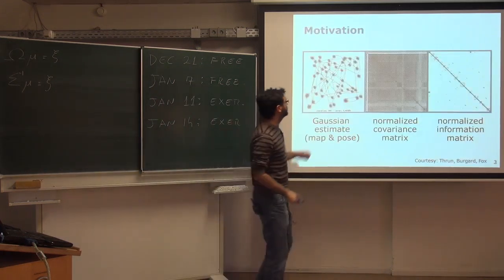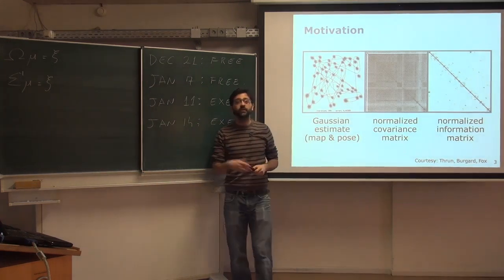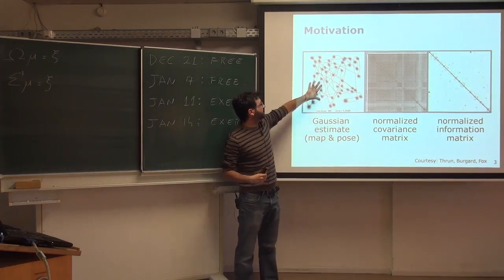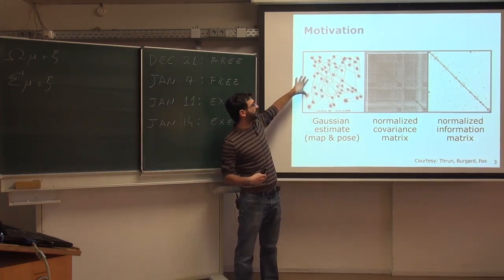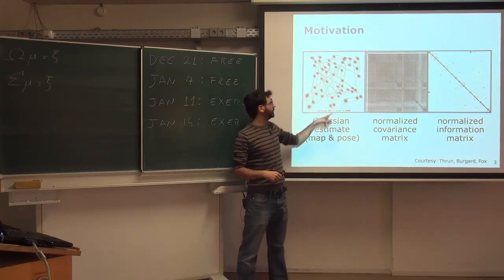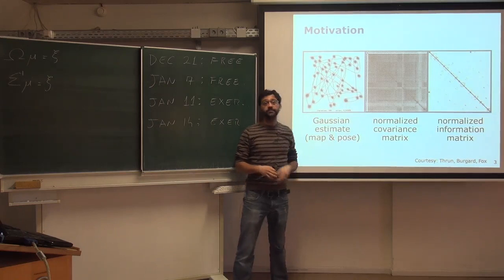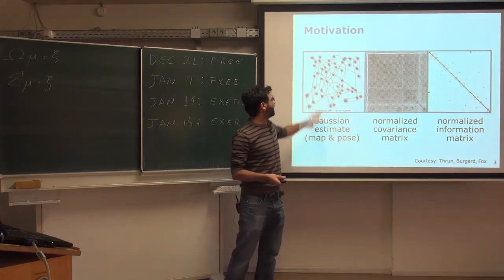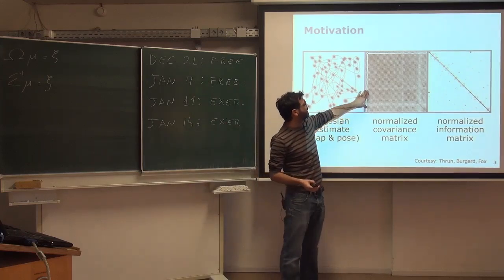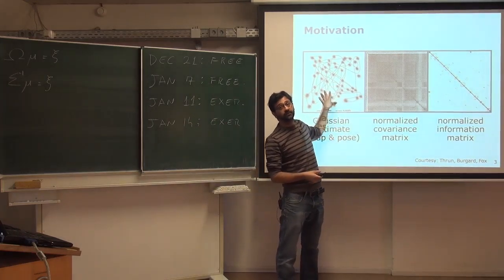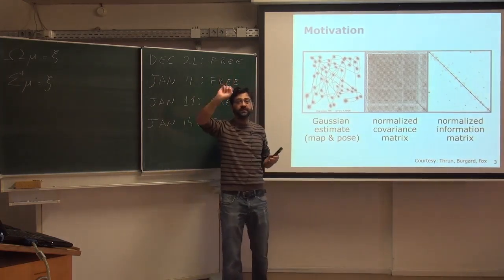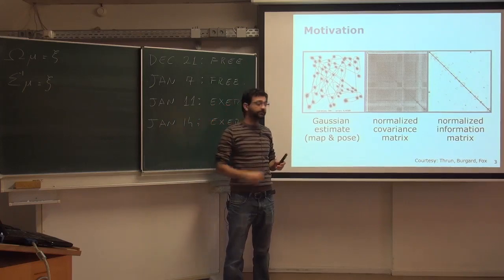But before this, let's give an idea why we care about the information form. The reason is this. Imagine a robot moving around, with a set of different landmarks, and all of them form a joint Gaussian distribution. This is an example I did before for the Kalman filter. We have the covariance matrix of the multivariate Gaussian, with the robot pose and then the location of each of the landmarks.